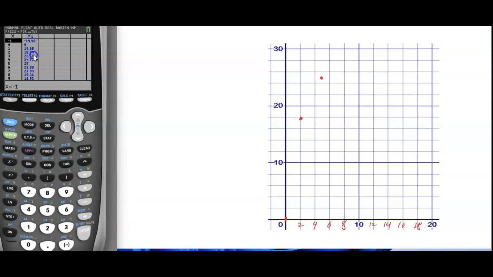Okay, and let's see what else. 10, let's see, 7, 21.84. No, we'll do 8, 19.36. Okay. And then we'll move down a little bit and get some more points.